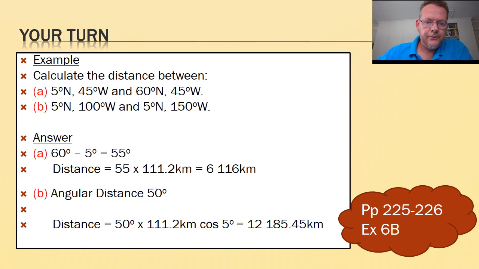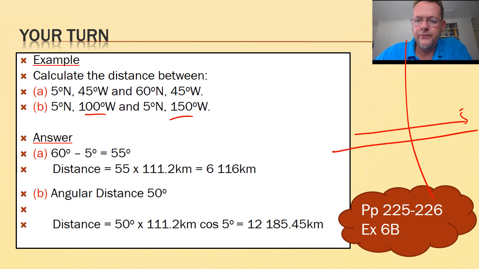Just finishing this off, so we've traveled 100 degrees west to 150 degrees west, and we've traveled along the 5 degree north. So we started off at 100, we want to go to 150, we've traveled a total of 50 degrees because we're on the same side of the prime meridian.